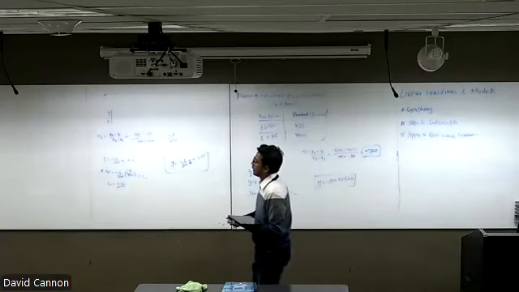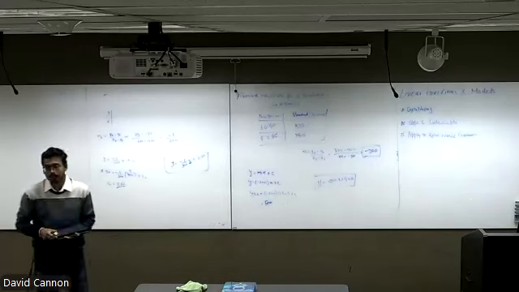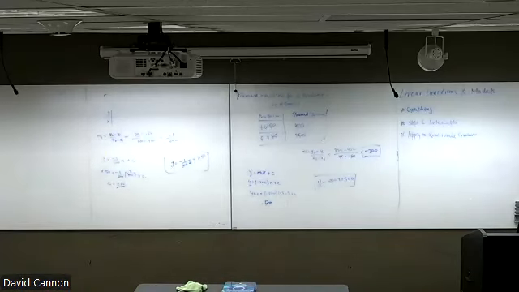Linear models are very good for doing distance calculations in physics. So let's say you're driving at 54 miles per hour, right? So let's say your speed is 54 miles per hour.